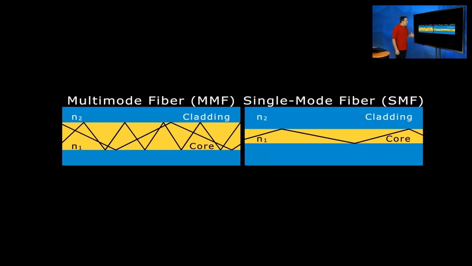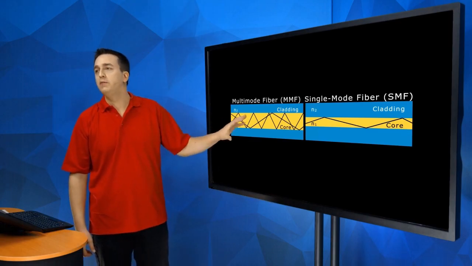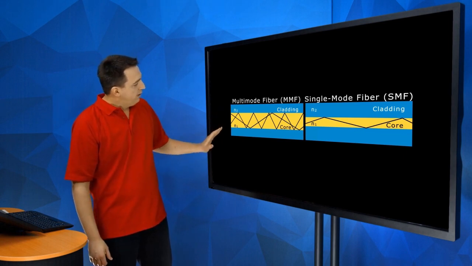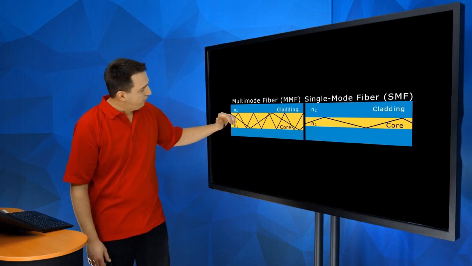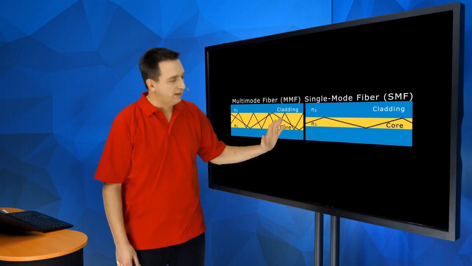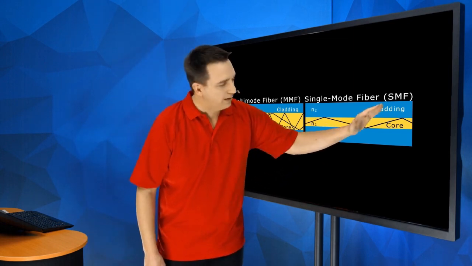What do I mean by that? Well, look at the two different types of fiber we have here, a multi-mode fiber and a single mode fiber. With the multi-mode fiber, notice how the light beam goes up, is reflected back in, reflected, reflected, and so on and so forth. Same thing with single mode fiber, reflected back in, and so on.